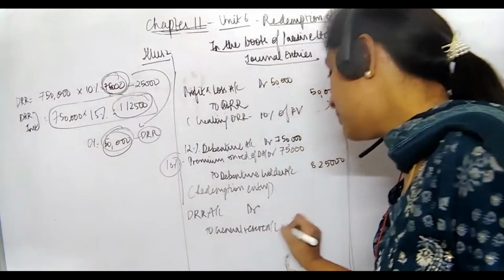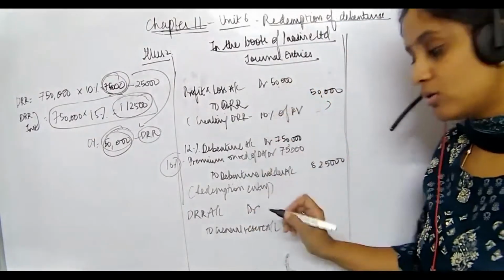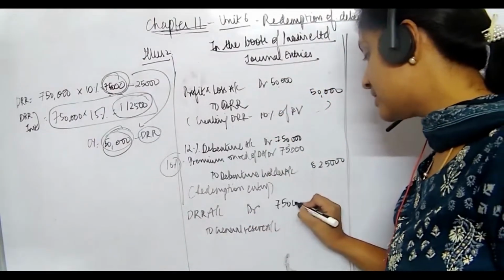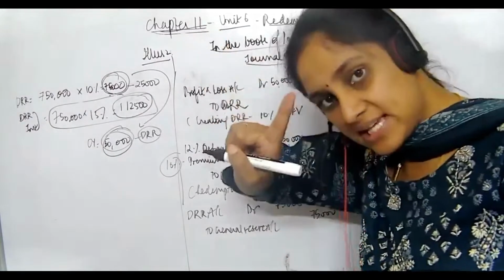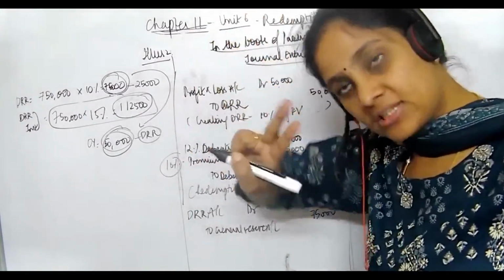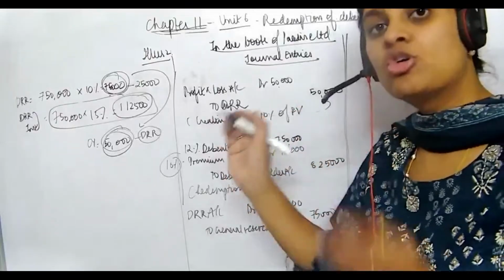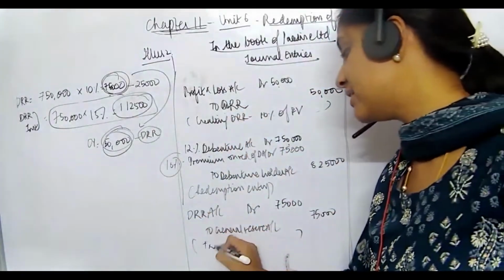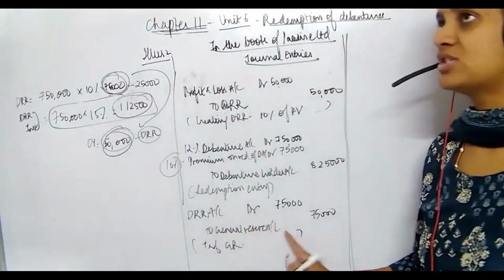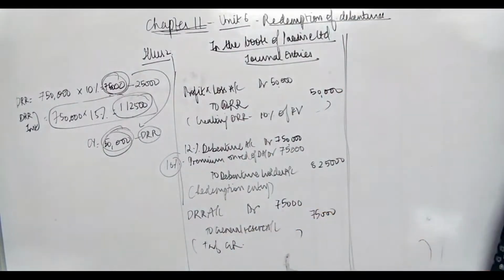How much will be the value? The same value or no? 75,000, because the opening balance of 25,000 is there, and I created 50,000 now. So a total of 75,000 is there, which I am transferring to the general reserve.